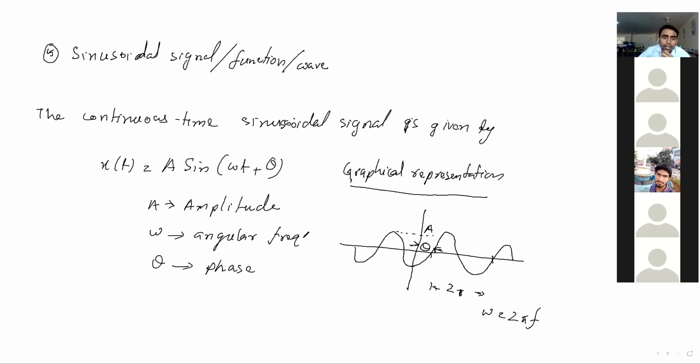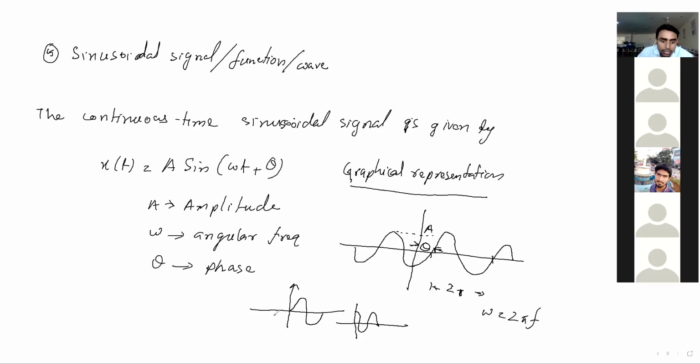Let me ask some questions, if you know. If one signal starts from 0, and another signal starts from here, what are these signals called?